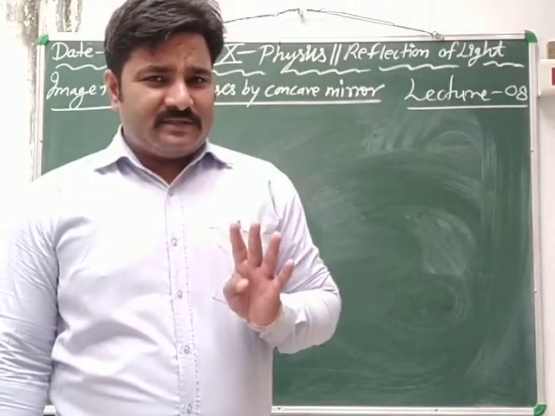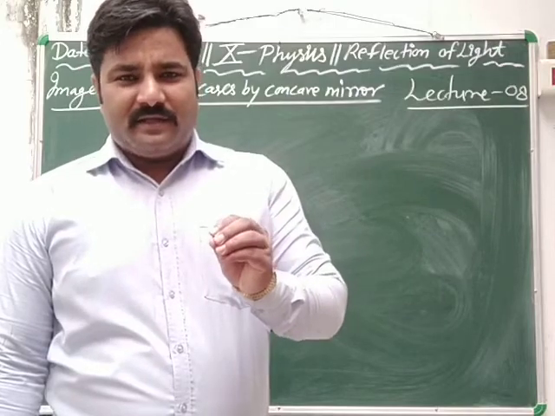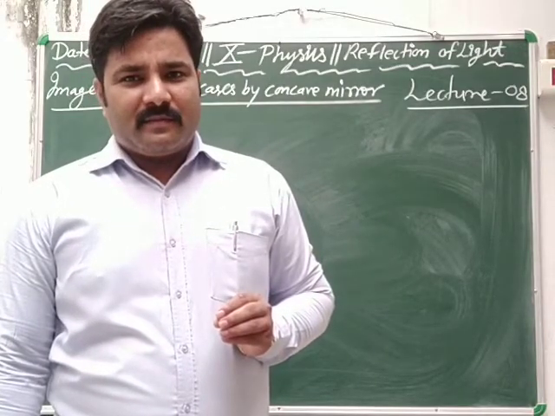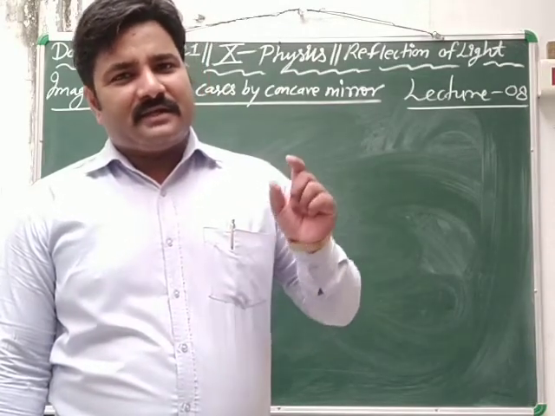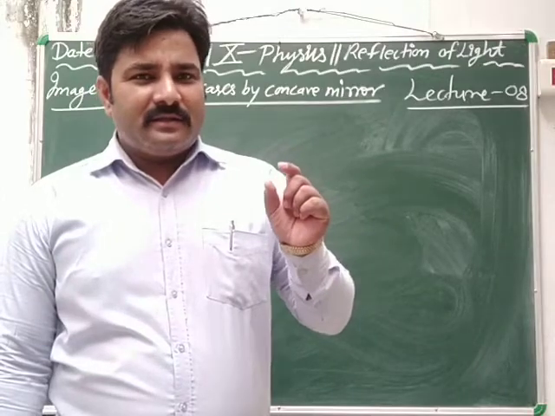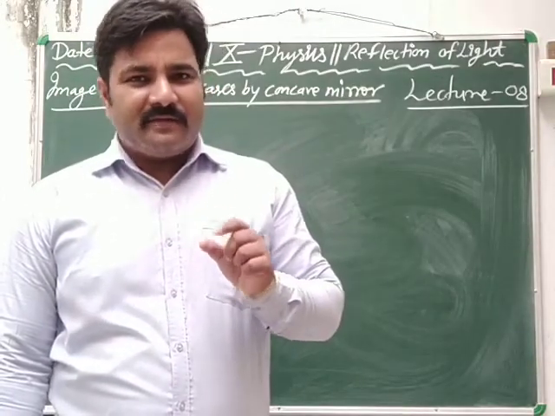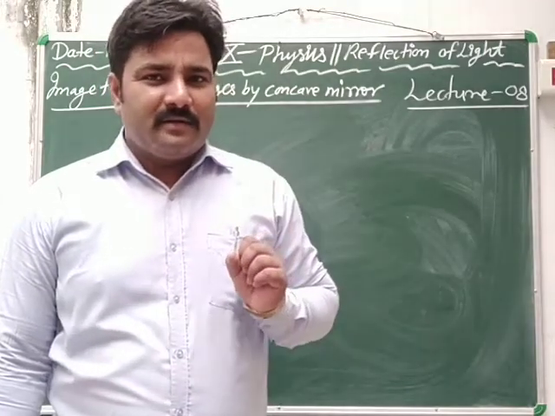In all the 4 cases, as I explained earlier, the image was real and inverted. When the object lies at infinity, the image is found at focus and highly diminished, and when the object is at focus, the image is found at infinity, highly magnified.